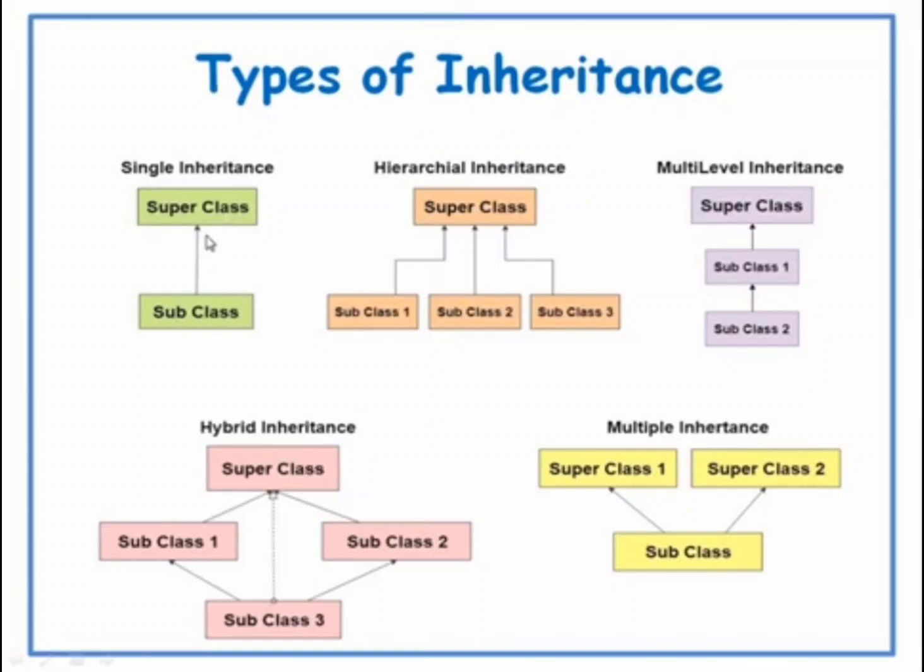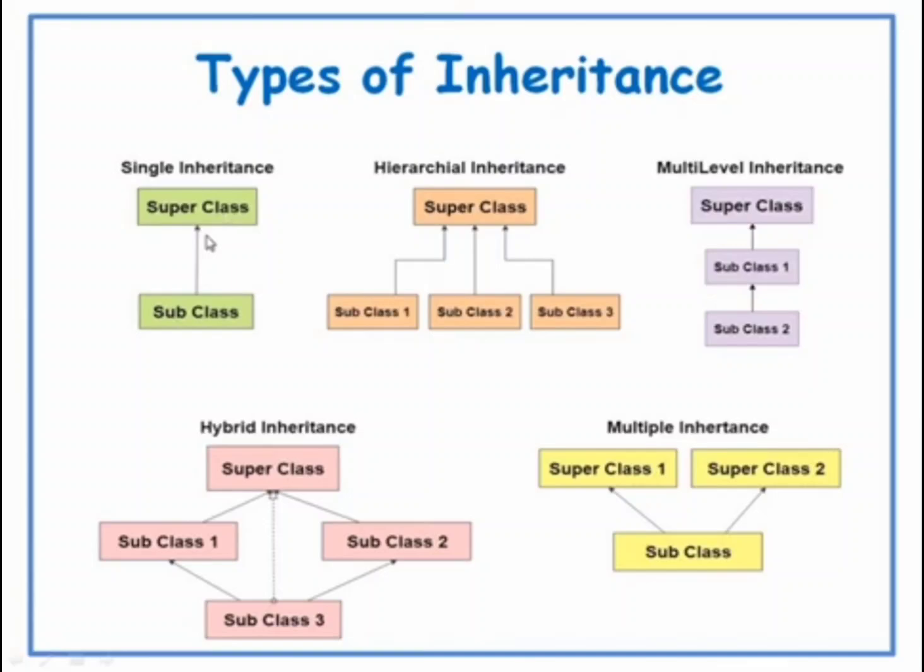A superclass that has more than one subclass is called hierarchical inheritance. In multi-level inheritance, a superclass has a subclass and that subclass has another subclass. In multiple inheritance, two superclasses are used to derive one subclass.